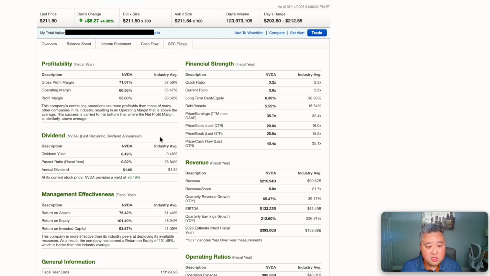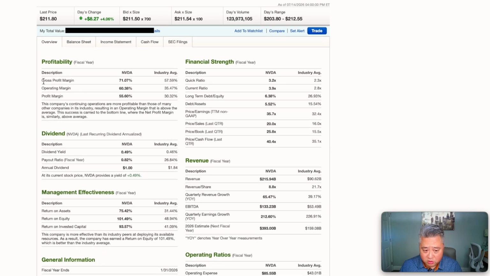So if you recall, I look at GM, or gross margin. In this instance, it's gross profit margin. And here it's nicely displayed for us what the industry average is. And Nvidia is doing much better than that, right? So they have a gross margin of 71.7%. And that is really good, right? That indicates that they have a strong position over their competitors.